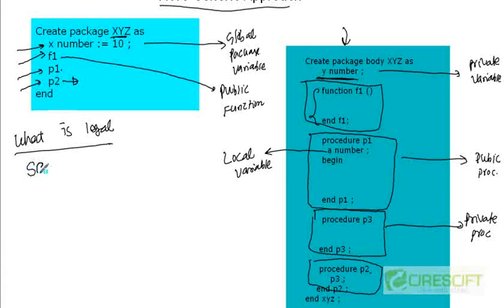That means you go to your SQL prompt and write an anonymous block: begin, then dbms_output.put_line, and then you just call this variable, xyz.x, and then end. This anonymous block is going to print 10, because x is a package variable, so I can access it outside the package.